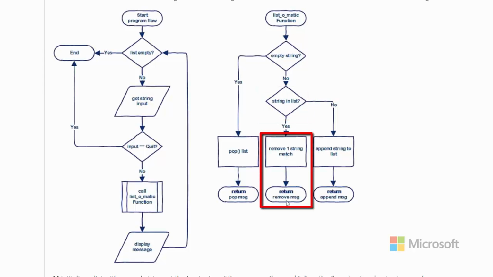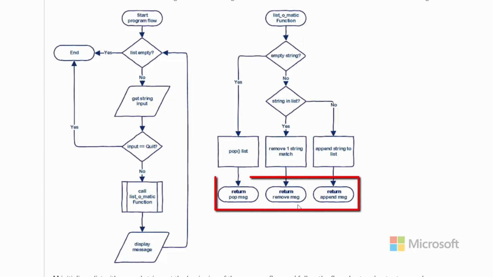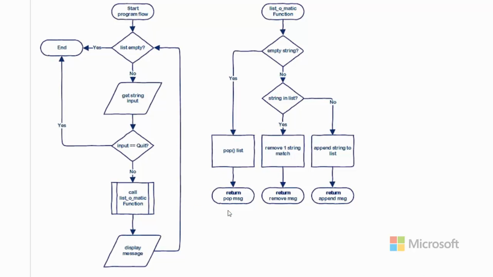If it's in the list, then we're going to remove that exact item. If it's not in the list, then we're going to append it to the end of the list. And in all of these cases, we're going to return the message that says something was added or removed.